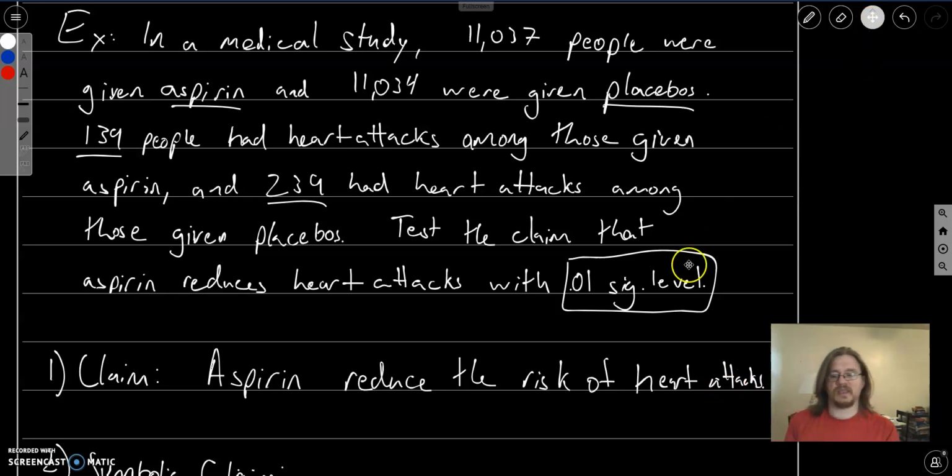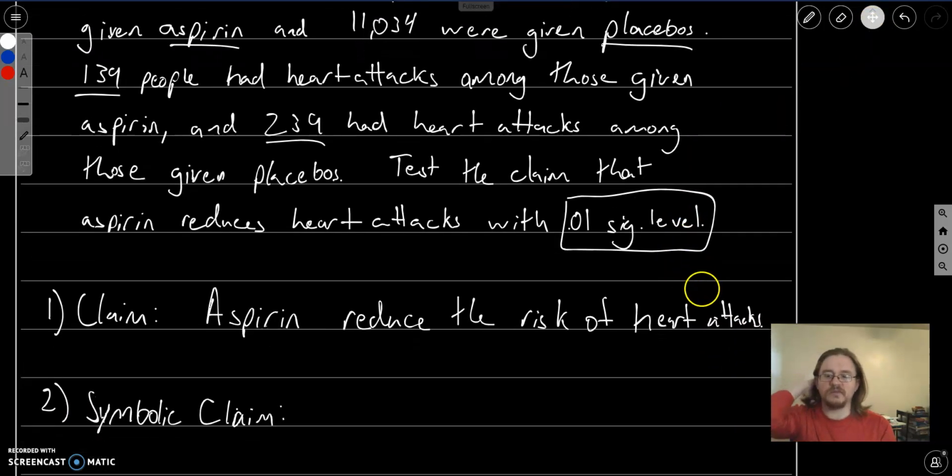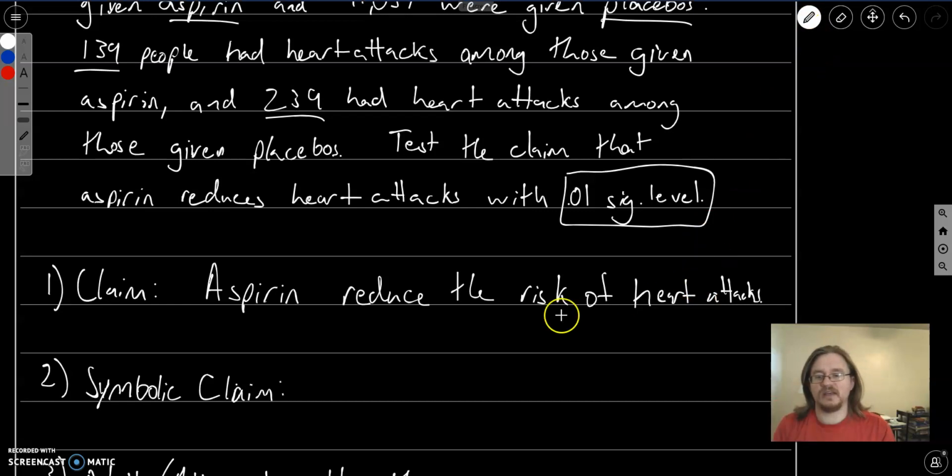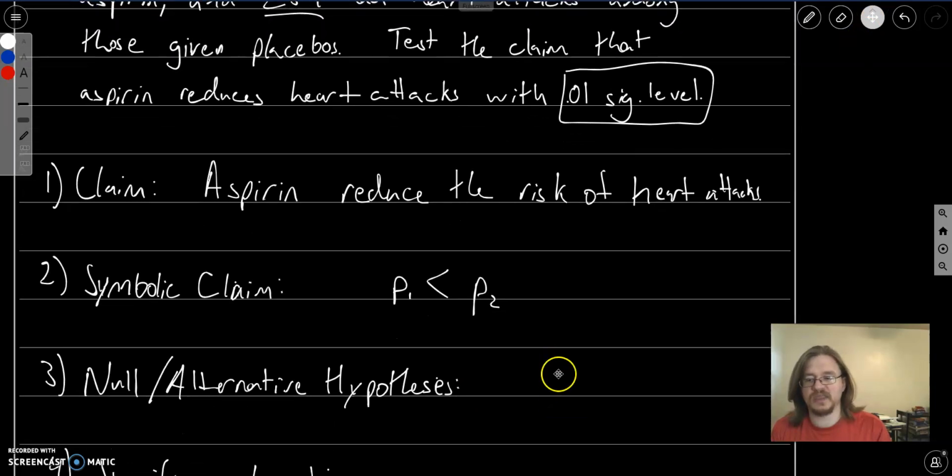And if we want to make this a little bit more symbolic, if we call P1 the proportion of people that have heart attacks when they are on aspirin, versus P2 the proportion of people that have heart attacks when not on aspirin, we're saying that if aspirin reduces the risk of heart attacks, P1 should be less than P2. The proportion of people that have heart attacks on aspirin should be less than the proportion of people that have heart attacks when not on aspirin.